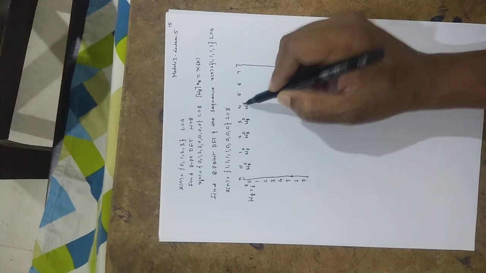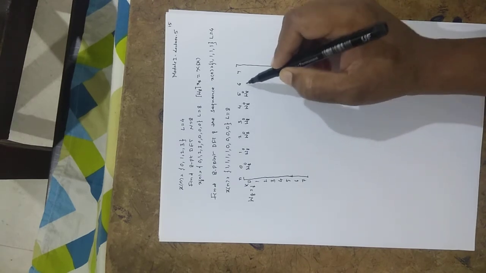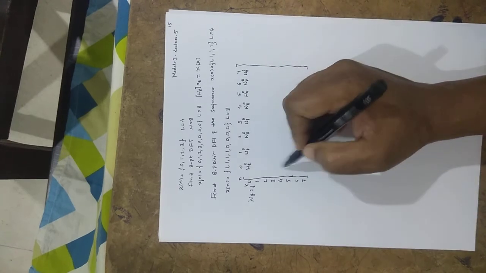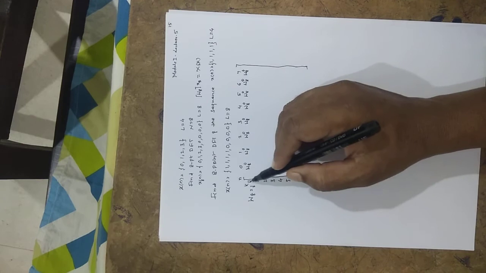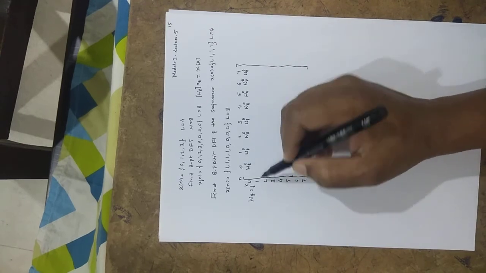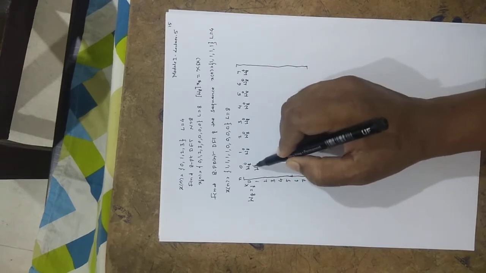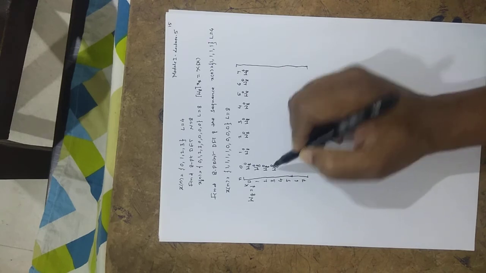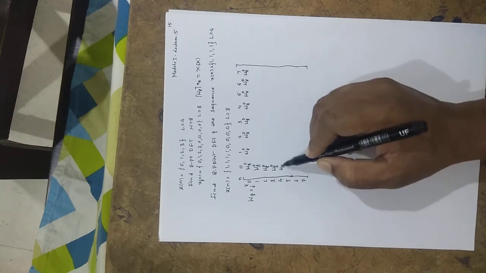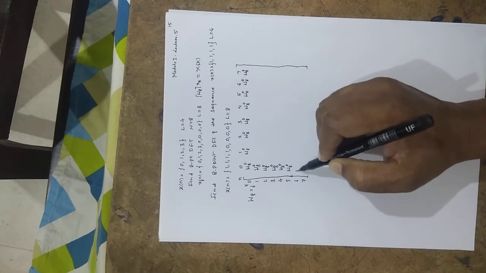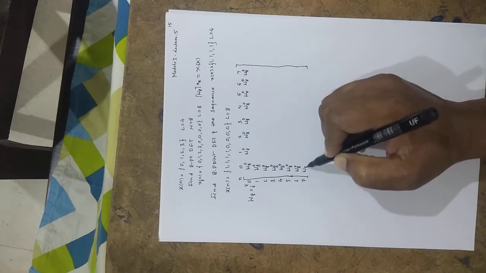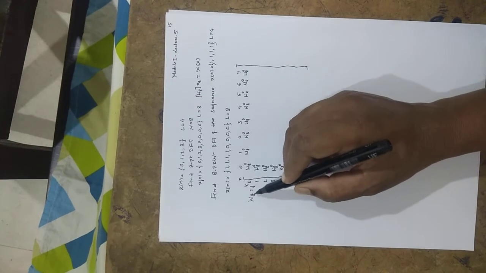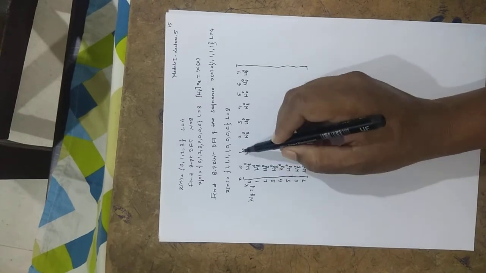This continues. In the first column, n is 0 irrespective of the k value. 0 multiplied by anything will be 0. This will be W8 raised to 0, all the values. And the rest of the values you have to find out. W8 raised to k into n.